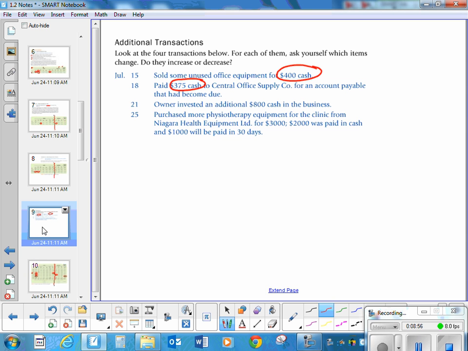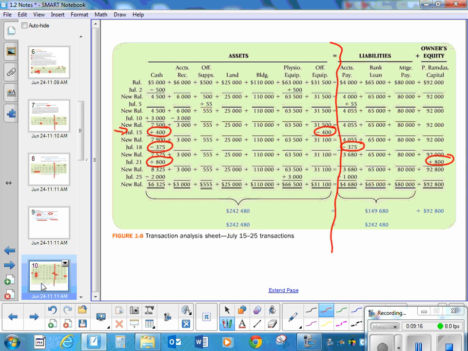Okay, and flipping back to July 25th, purchased more physiotherapy equipment for the clinic from Niagara Health Equipment Limited for $3,000. Now $2,000 was paid in cash and $1,000 will be paid in 30 days. So this transaction is going to actually have three parts to it.